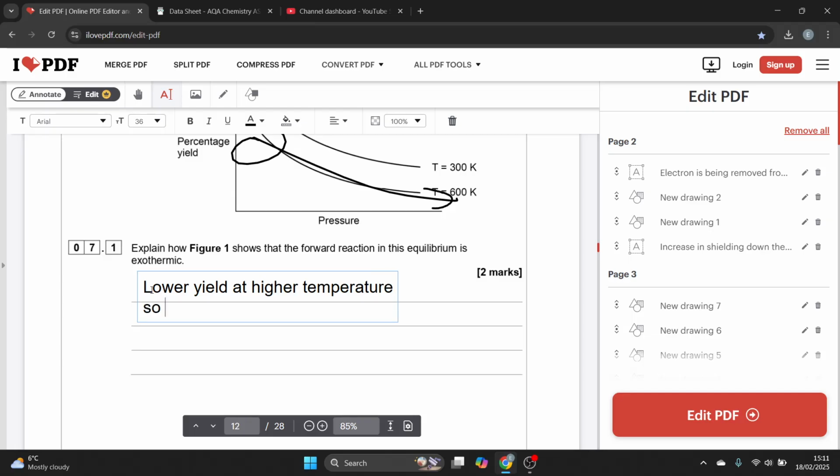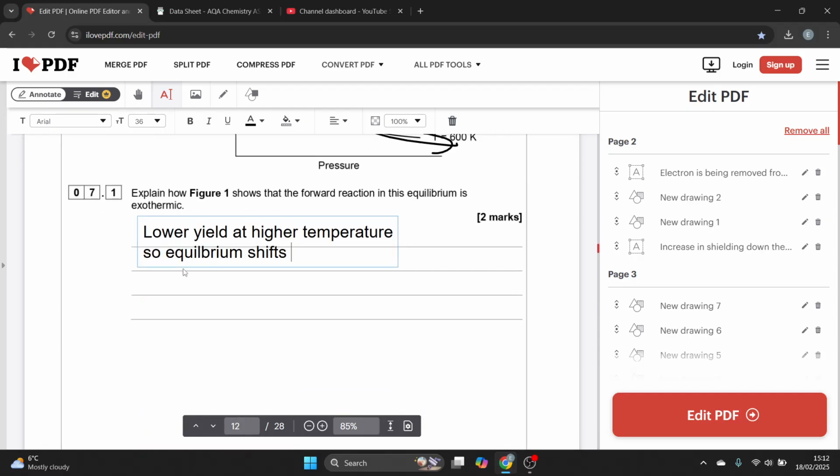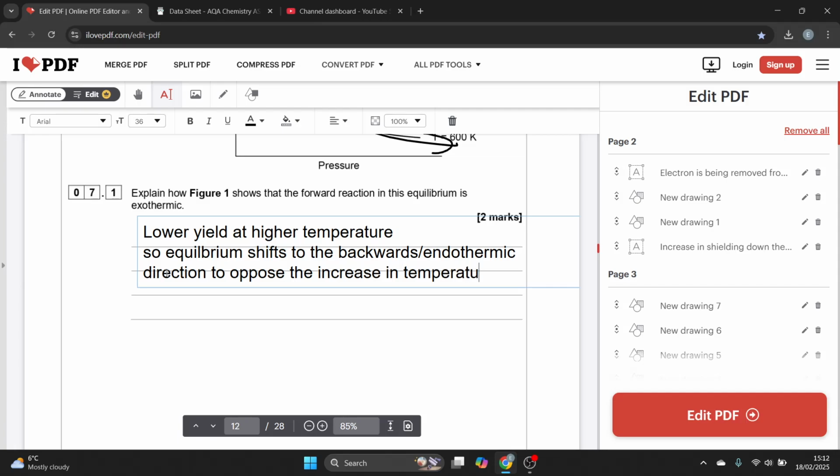So what happens at a higher temperature? Well, equilibrium shifts to the backwards endothermic direction to oppose the increase in temperature.